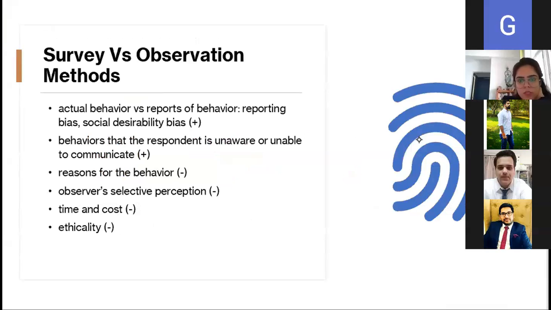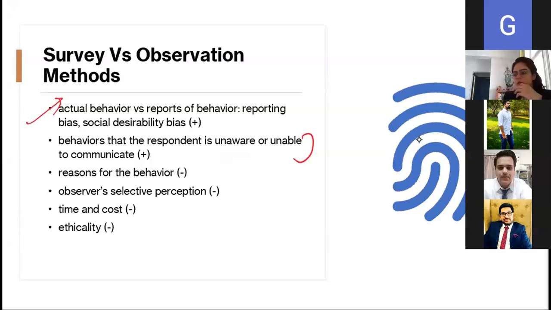Okay, survey versus observation: actual behavior versus reports of behavior. You are asking a person how they are going to behave, whereas you are actually checking the behavior. That is the positive with observation methods. It captures behaviors the respondent is unaware of or unable to communicate.